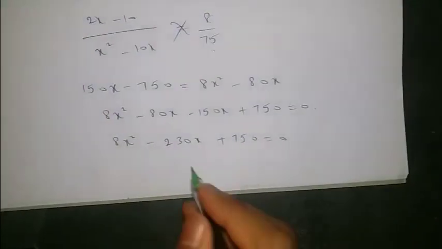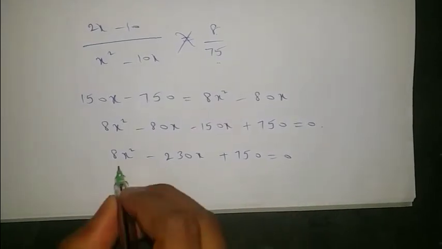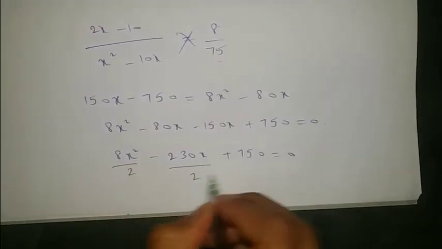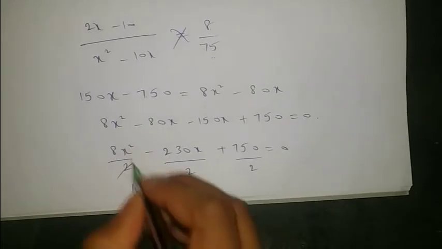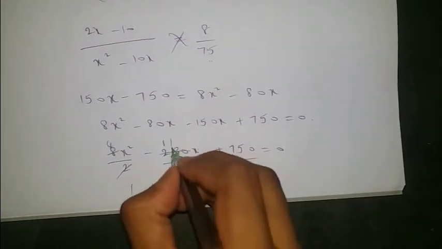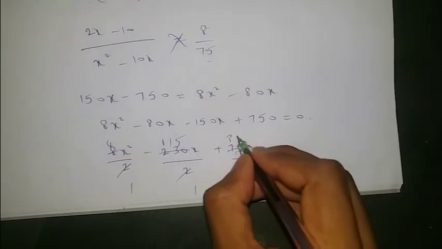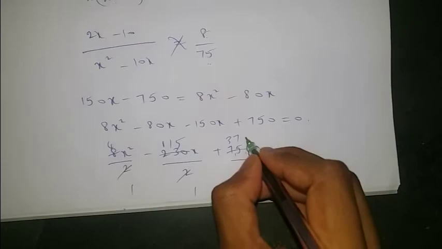Okay, next I will divide all the terms by 2. 2 ones are 2, 2 fours are 8, 2 ones are 2, 2 fifteens are 30, 2 threes are 6, 2 sevens are 14, 2 fives are 10.